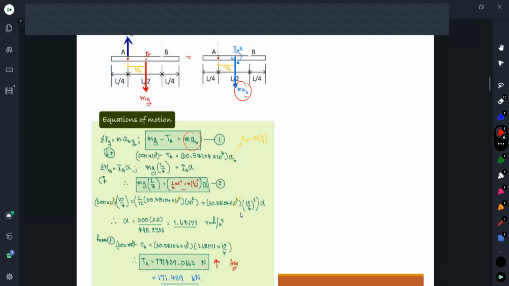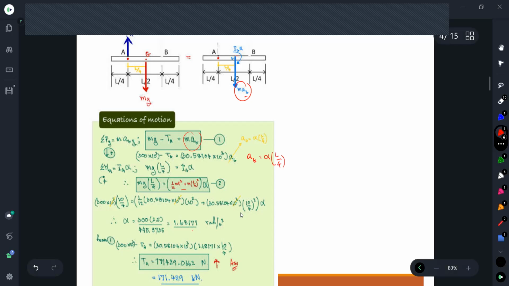After that we substitute the values from the problem, and we solve for alpha first from the second equation. We obtain that alpha is 1.68 radian per sec squared. After that we substitute alpha back into the first equation, where a_G is equal to alpha times r, and now r is L over 4.